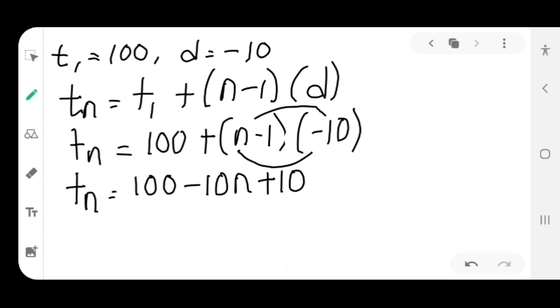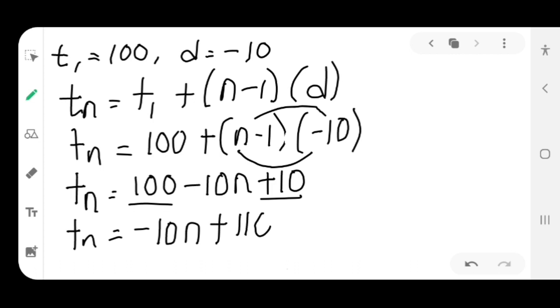After this, we are going to combine like terms. So since negative 10n is alone, because there are no other terms that have n, we are going to copy negative 10n and then combine 100 and positive 10. So 100 plus positive 10 is equal to positive 110.